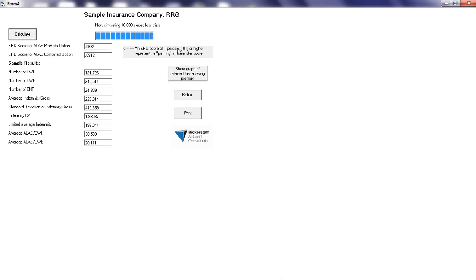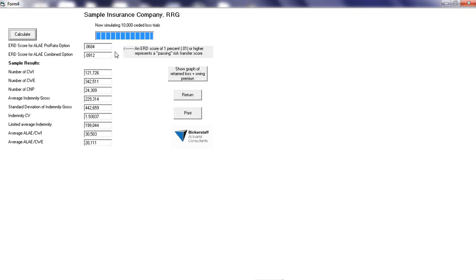Now, at some point, I don't know who invented this score, but it's fairly common in use, and the benchmark used for this score as defining a passing score is a percentage of 0.01, or 1% or higher, that the ceded losses at present value exceed ceded premium at a point of 1%.